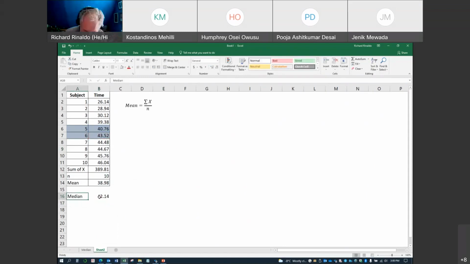Now, the key thing here is that the median is unaffected by the extreme scores. So as long as I have 10 subjects, and let's say I make this one 460, it dramatically affects the mean, but not the median. So the median is not affected by extreme scores.